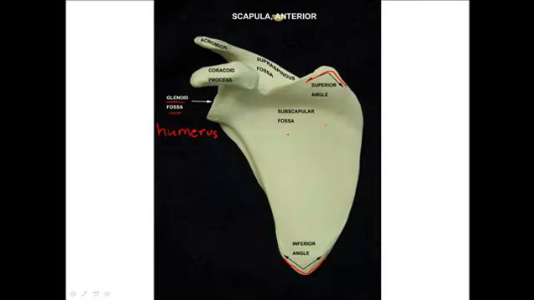So this big thing here is called the subscapular fossa. The reason it's called subscapular is because, remember, anatomists in the early days worked on dogs and cats and other animals, right? So their scapula is something like this.